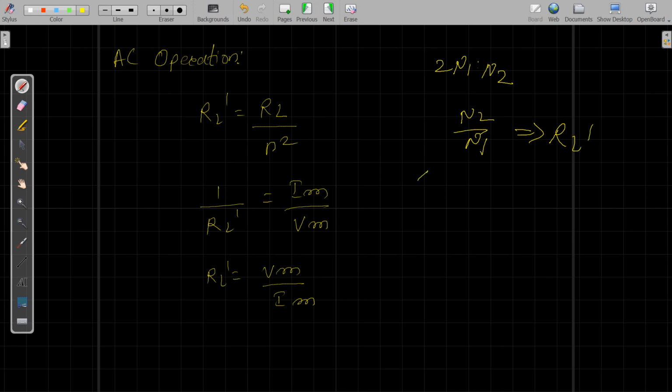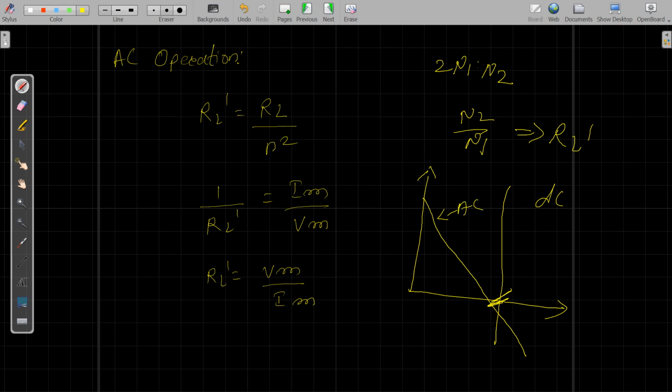So when we draw the AC load line analysis, this is your DC load line, and this is your AC load line. This AC load line has a slope of -1 by RL dash.